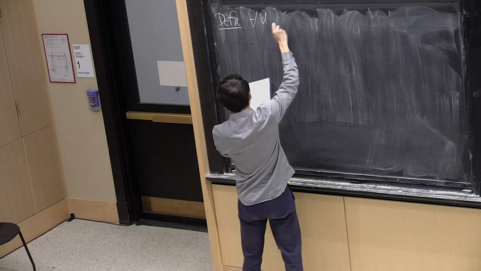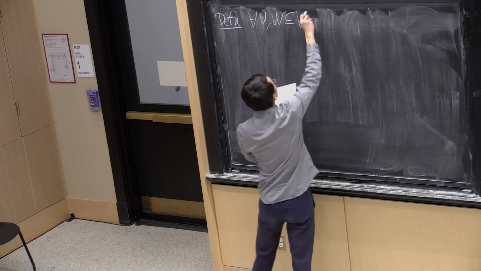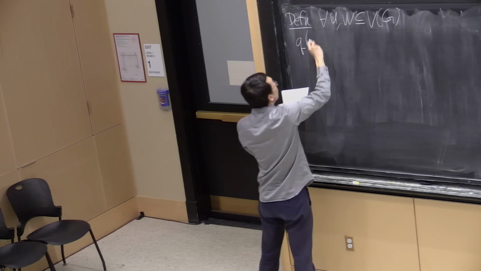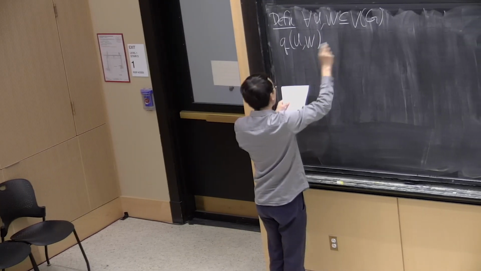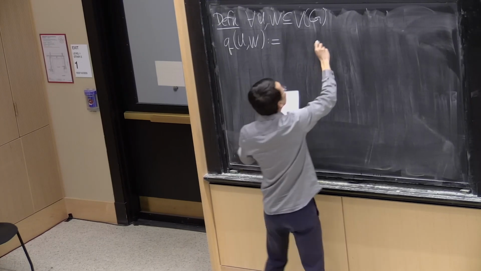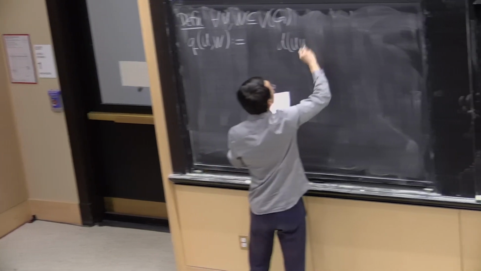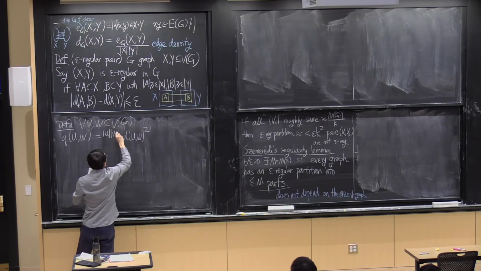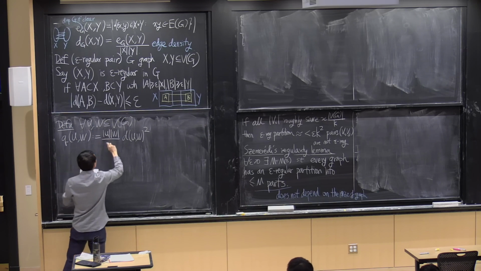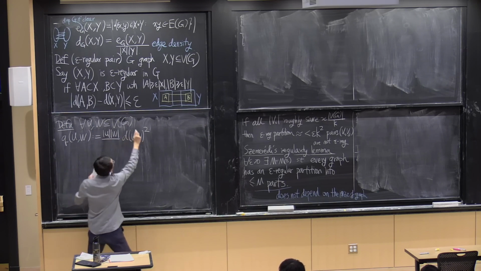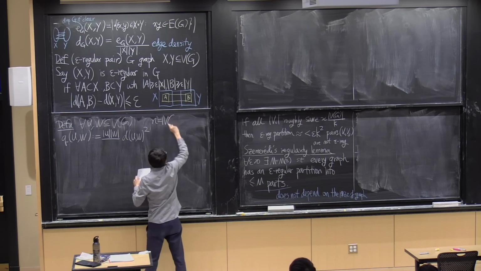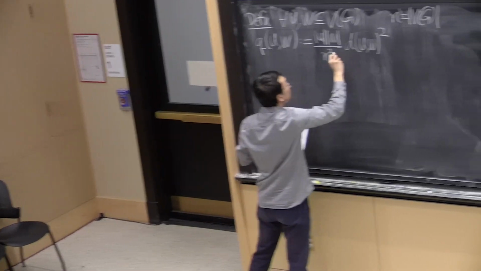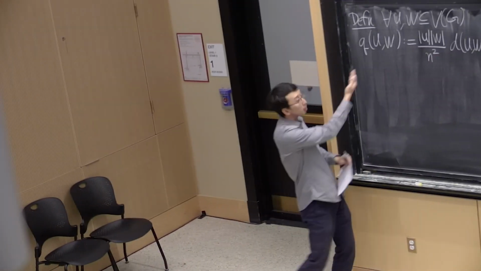If I have two vertex subsets, U and W, let me define this quantity Q, which is basically the edge density squared, but I normalize it somewhat according to how big U and W are. I'm going to use the letter N to denote the number of vertices in G. Okay, so this is some Q.